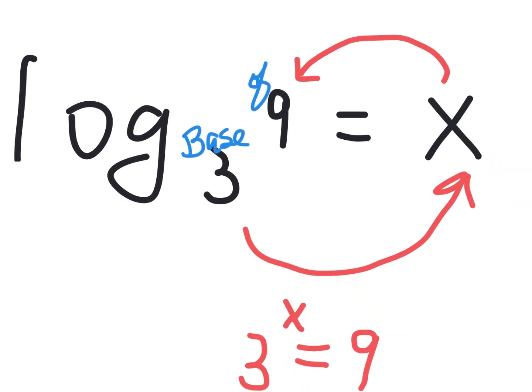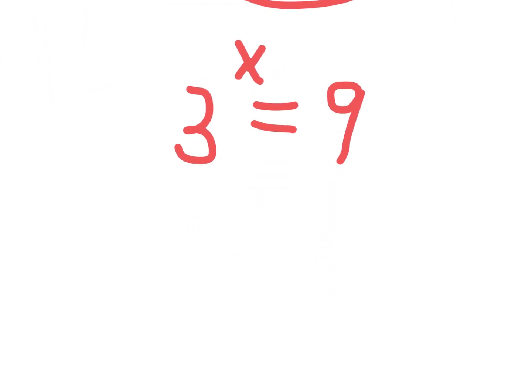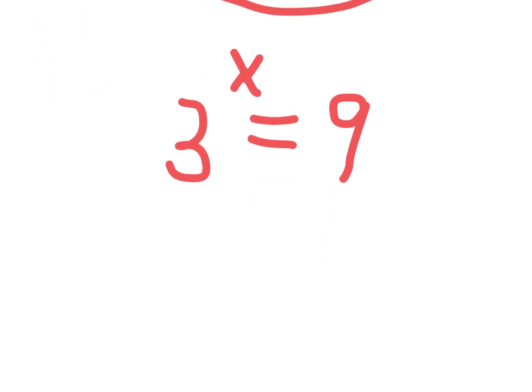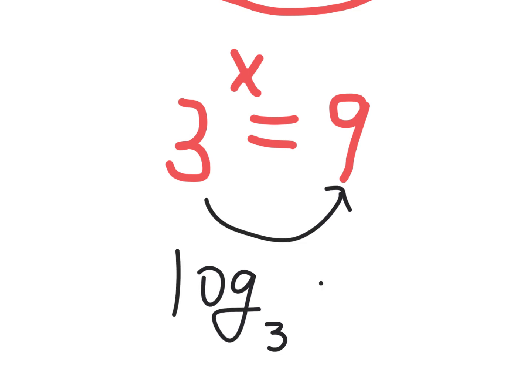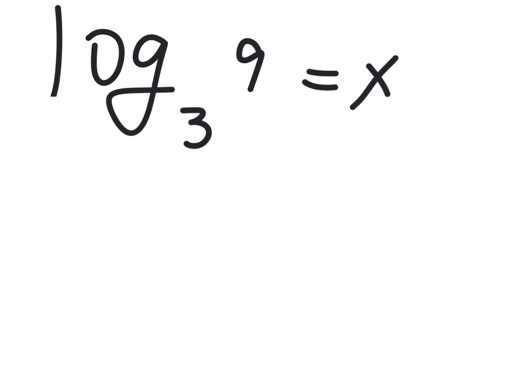And why was it equal to 2 again? Because of the circle of logs. The 3 goes to the x, and it equals 9. So I started with this kind of a problem, and I said, can you make a log for it? Log base 3 of 9 equals x. But what if I had started with this problem and said, can you make an equation for it that looks like it's got an exponent?